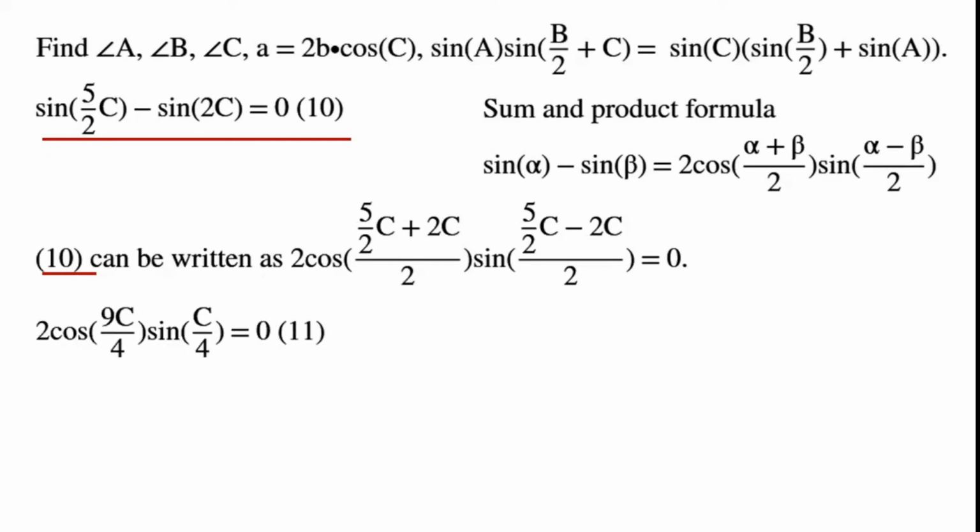By simplifying the equation, we have 2 cos(9C/4) sin(C/4) = 0.